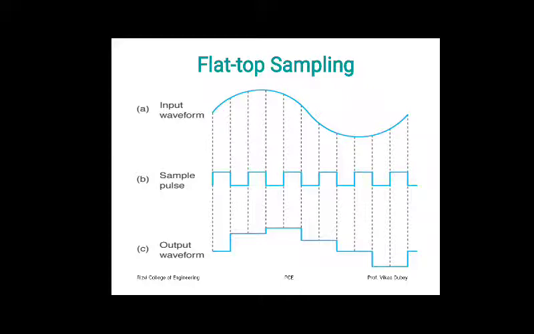Then at that point the sample point is up, so it will go up, then it will maintain to the next sample value, and then again it will go up like that. So in flat top sampling, the output sample takes the starting amplitude, and the same amplitude is maintained for the bit duration. So this is flat top sampling.